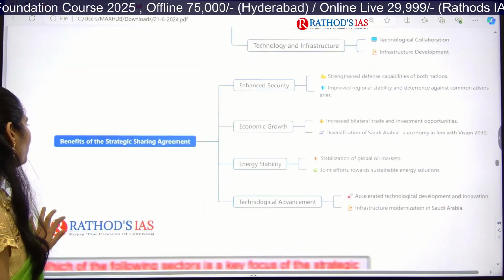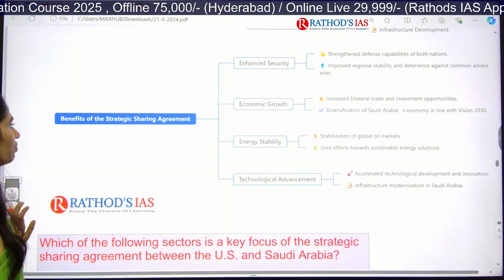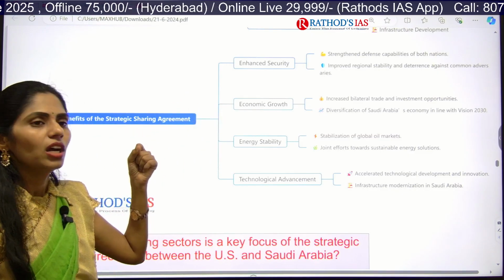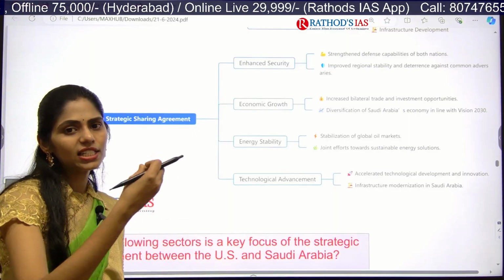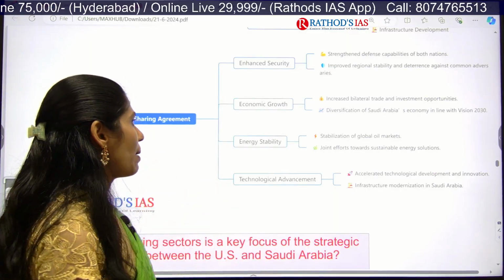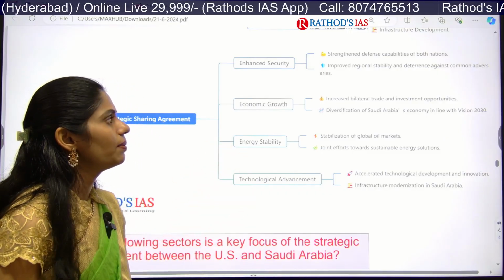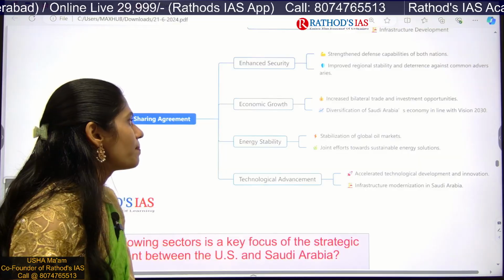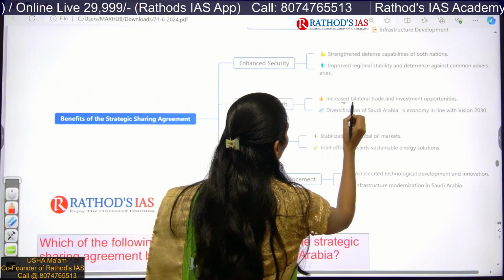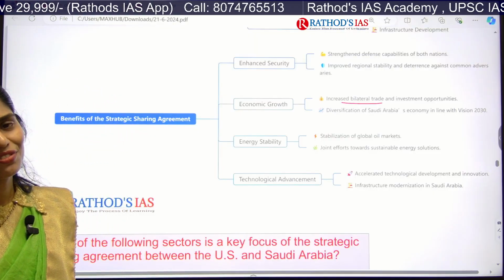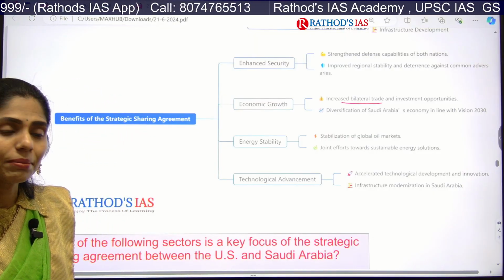Apart from that, we have to see what the benefits of this agreement are. There will be increased security, because both countries will be sharing defense capabilities, and they will also have improved regional stability as well as deterrence. Next, we can also increase bilateral trade, investments, etc. And even diversification of Saudi Arabia's economy can be done.